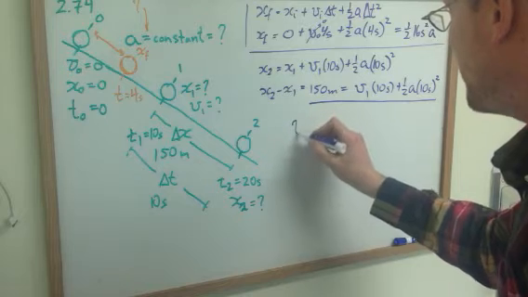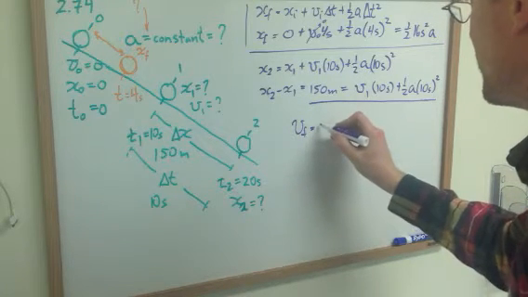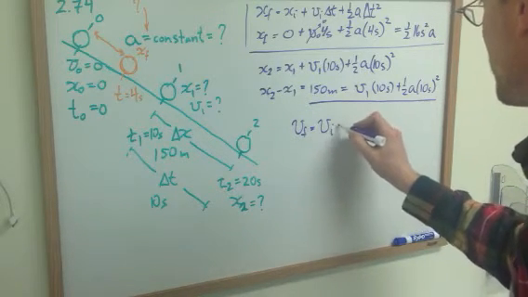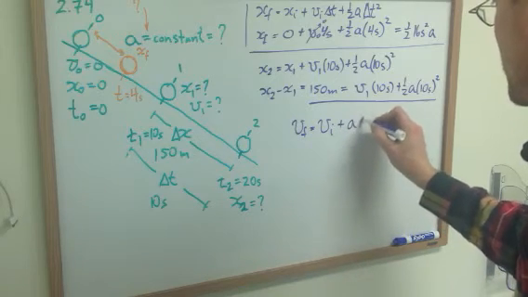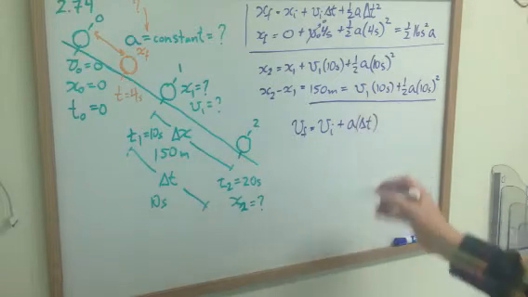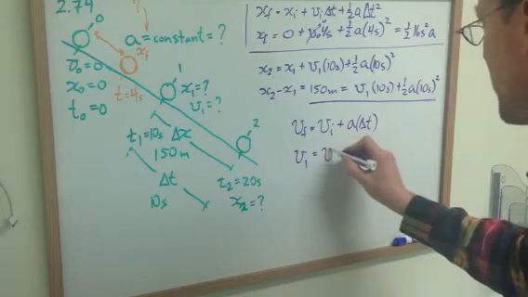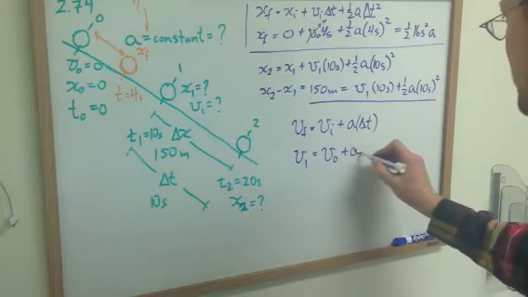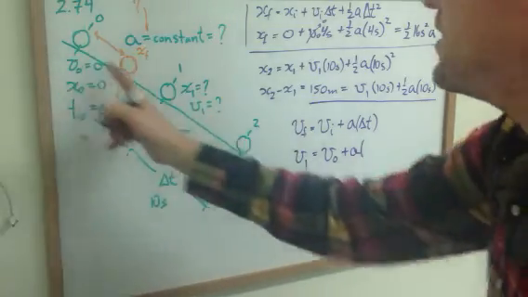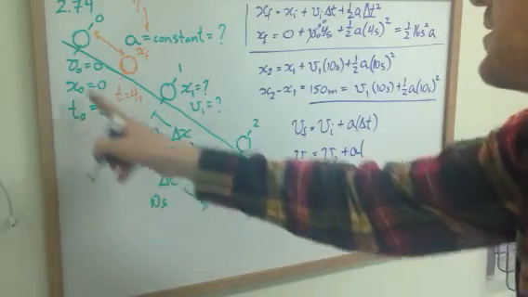So if I use v final is equal to v initial plus acceleration through time, I can see that v1 is equal to v naught plus the acceleration through delta t, here 10 seconds.